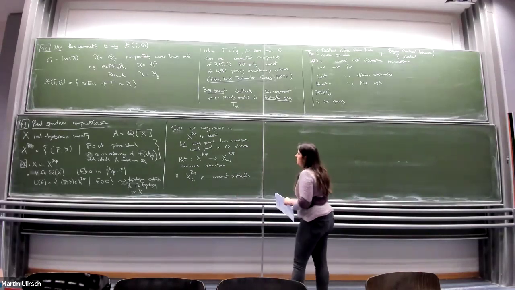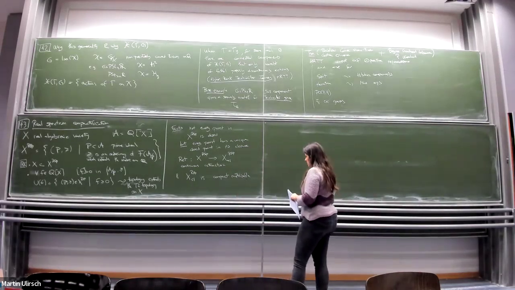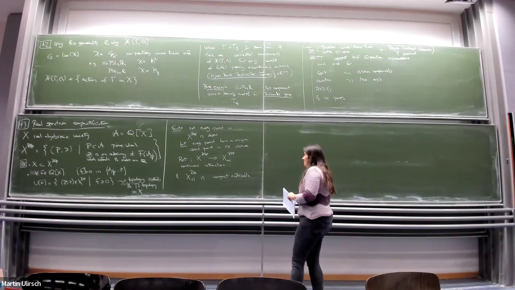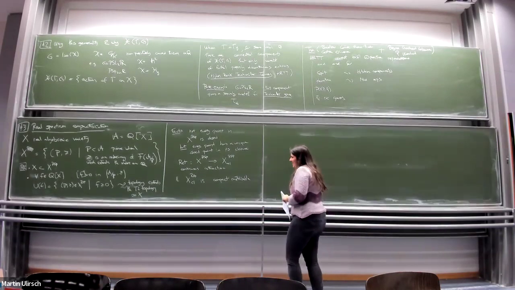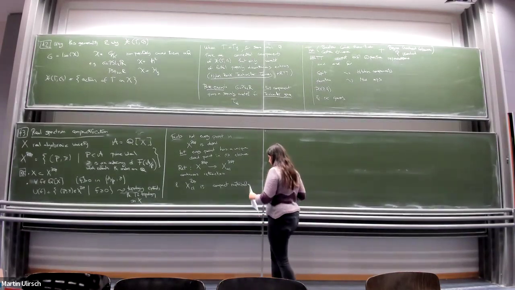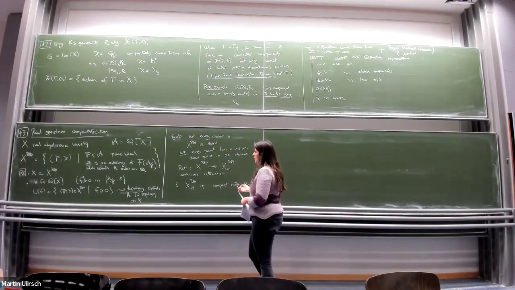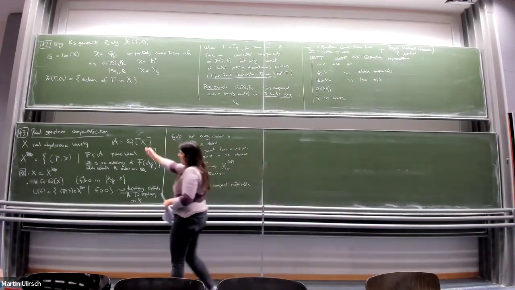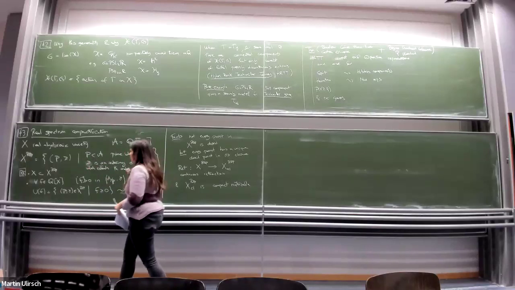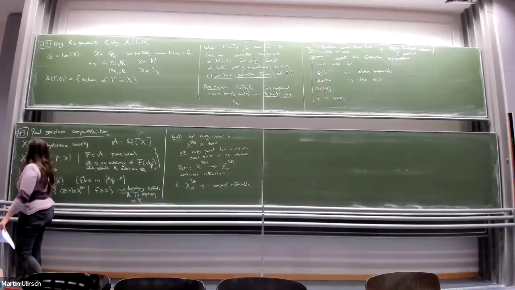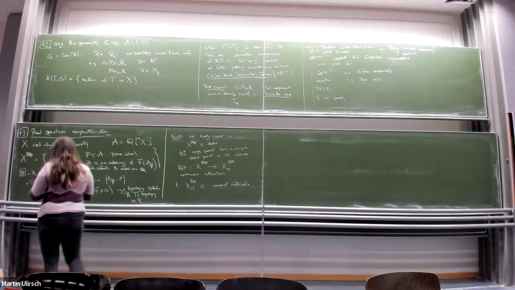So maybe the first theorem that we prove is a characterization, an interpretation, of points in this real spectrum compactification of character varieties.